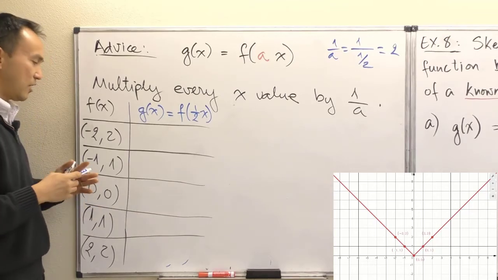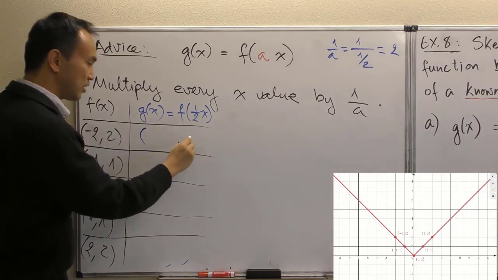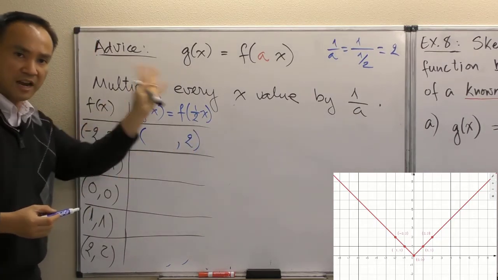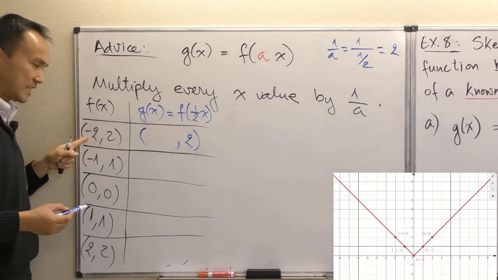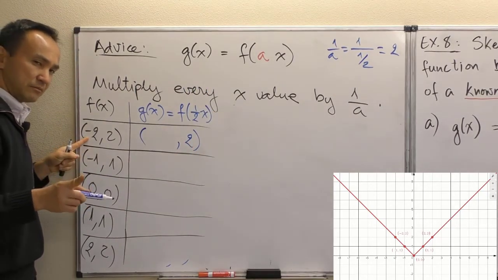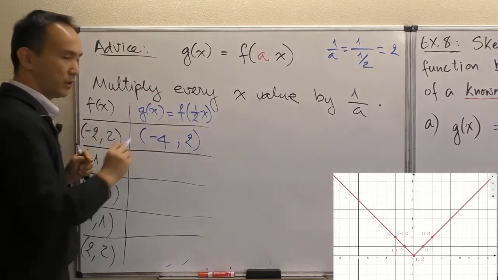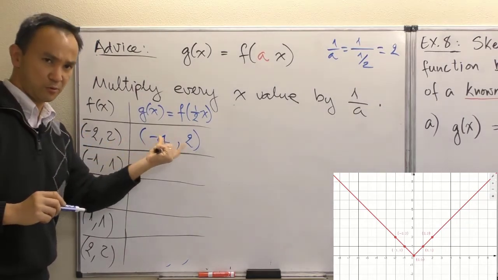So for the first pair of values, negative 2, 2, the y value stays the same because this advice did not have anything to do with the y value. But the x value, negative 2 times 2, gives me negative 4. So now this point is transformed into this point right here.